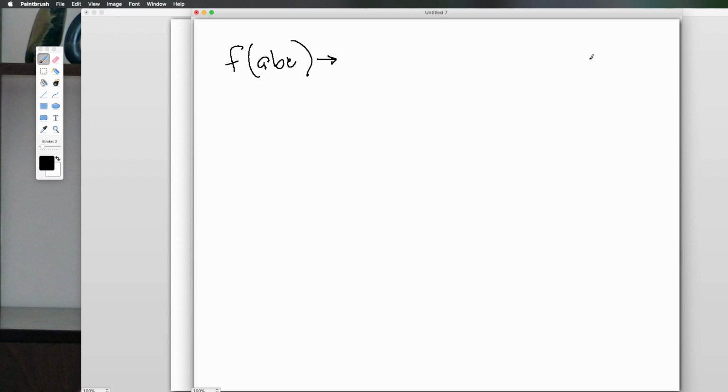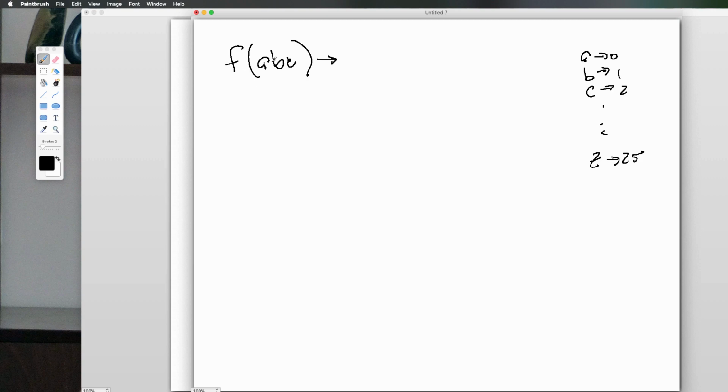First of all, we could let A map to 0, B map to 1, and C map to 2, all the way down to Z mapping to 25.